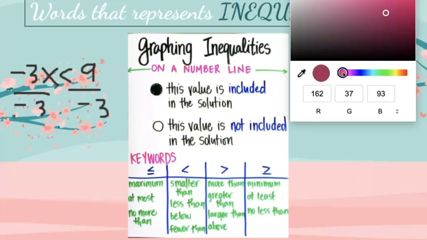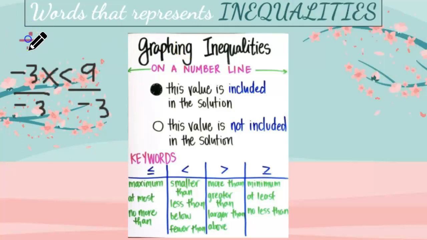If you remember the rules, when you divide or multiply inequalities with a negative number, we reverse the inequality. So in this case, we're dividing both sides by a negative number, so less than becomes greater than.